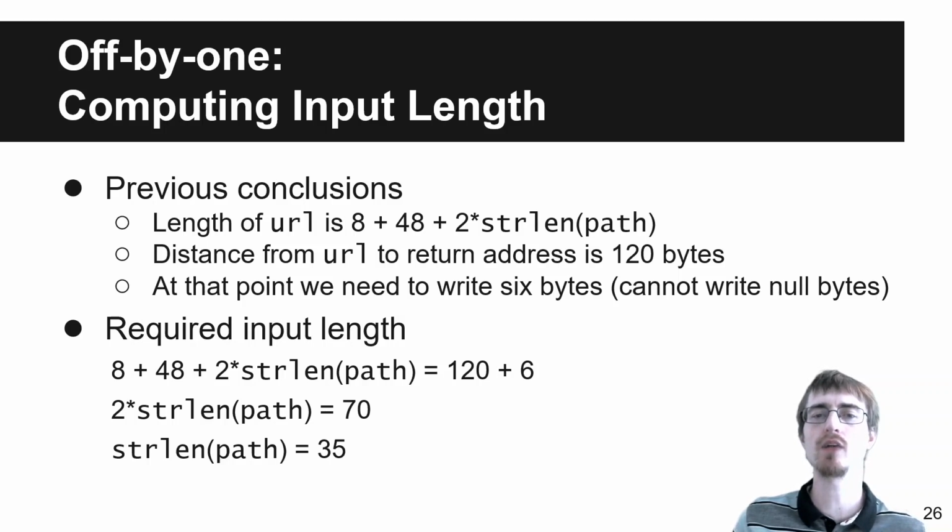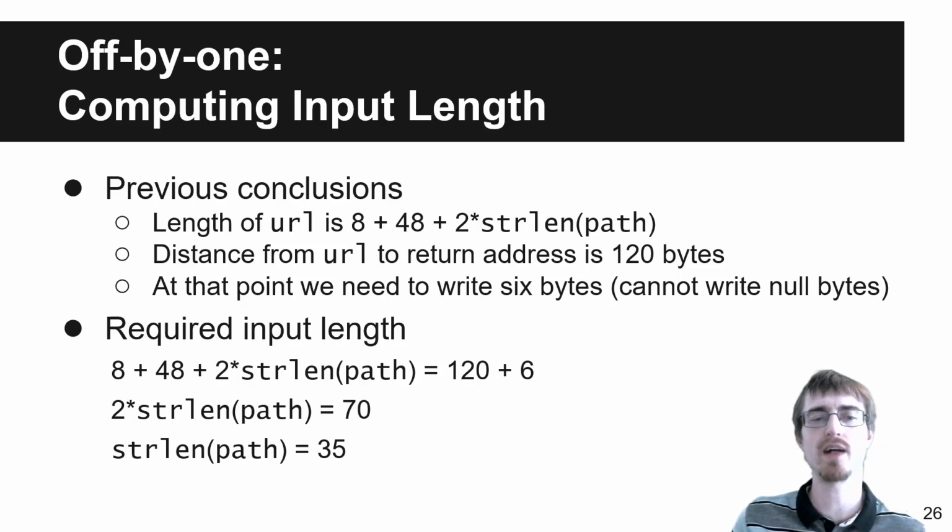Now, we know the length of the URL, and we know the distance from the URL to the return address. So now, as I promised, we can simply solve the equation. The required input length is obtained by saying that 120, which is the distance from the URL to the return address, plus 6, which is the number of bytes we need to write into the return address, is equal to the total length of the URL.